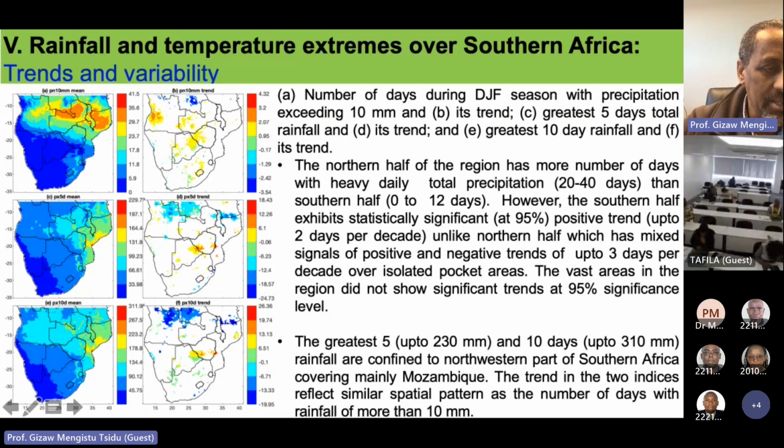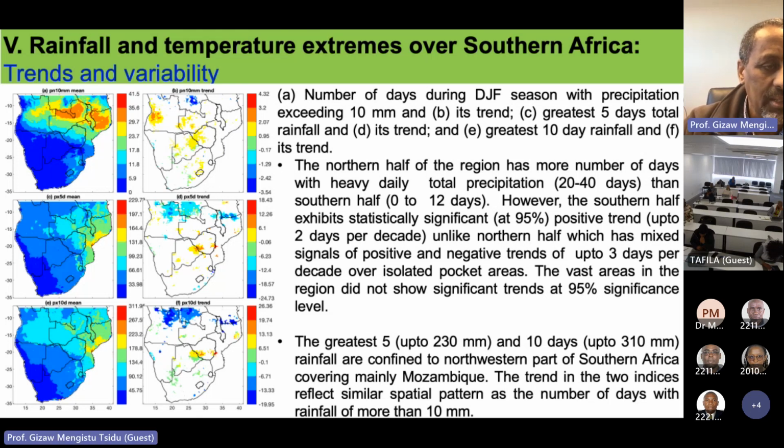Botswana, almost the whole country except areas close to Kasane and bordering Namibia, gets only about 6 days of rainfall exceeding 10 millimeters. Namibia is the same, basically like Botswana, except areas bordering Angola. Only about 6 days out of 90 or so get rainfall of 10 millimeters and above.